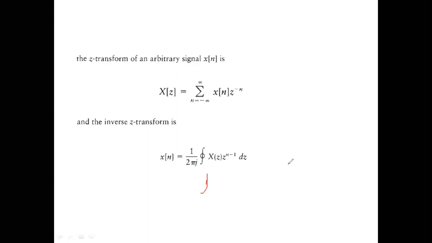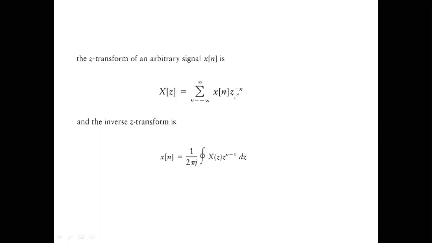It will be an integration over the perimeter of a circle. But thank God we will not be solving the problem of finding the inverse with this formula. Rather, we will be using ready templates. So without wasting much time, let's quickly get started with the Z transform.